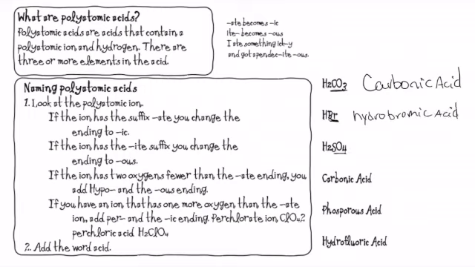This ion is the sulfate ion, and so ate changes to ic, sulfuric acid. Okay, carbonic acid. We have the hydrogen and our carbonate ion. Carbonate is a 2-, hydrogen is a 1, so H2CO3.